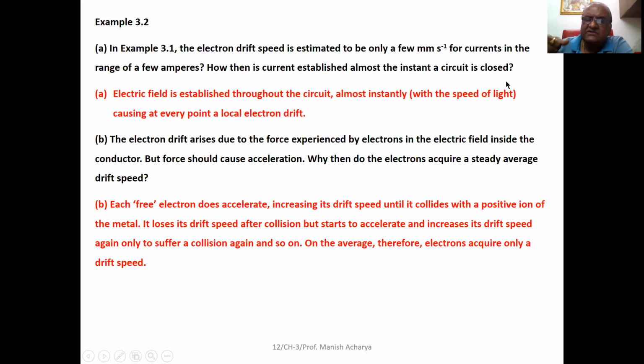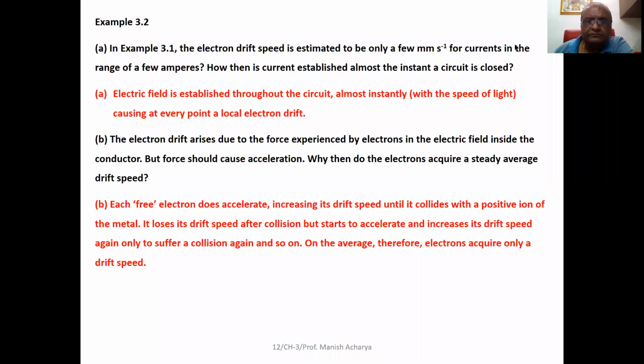Because as soon as we close the circuit, the electric field is established in the conductor instantaneously. The electric field propagates at the speed of light, and therefore the local electrons instantly drift under its effect, and the current is constituted.